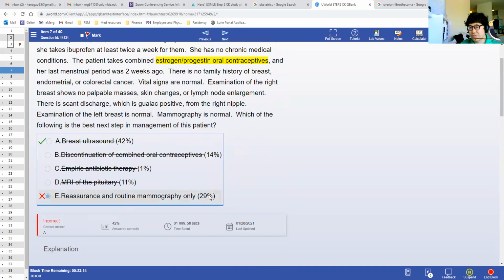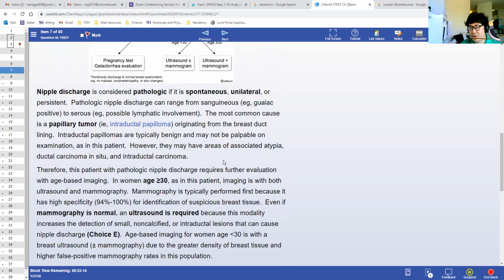All right, apparently you do a breast ultrasound. Most common cause of papillary tumor. Typically benign, not palpable on exam. However, they might have areas of atypia. Wait, so what did I do wrong here? I'm confused now.